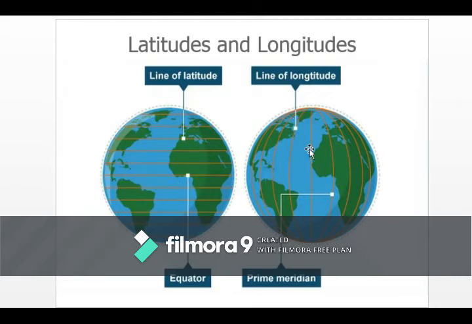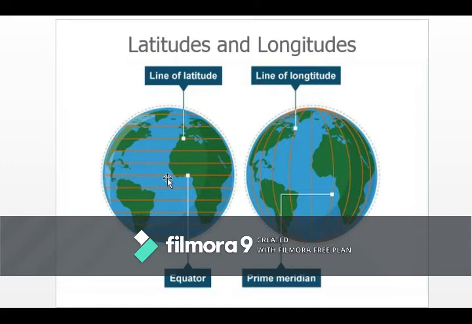And this line of longitude is known as the prime meridian. Basically, it is known as the prime meridian because it is the central line passing through the center of the earth. When we discuss a vertical line, the central vertical line means the center of a circle or a sphere.